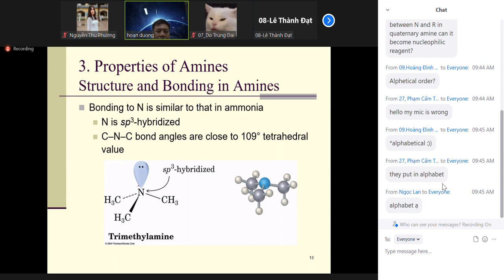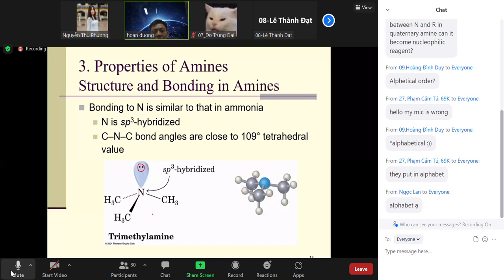And now you see that one. So here put the nitrogen at the center of a tetrahedron, and one pair of electrons gets one side, and here gets the other side, and the three get the other side. Okay.